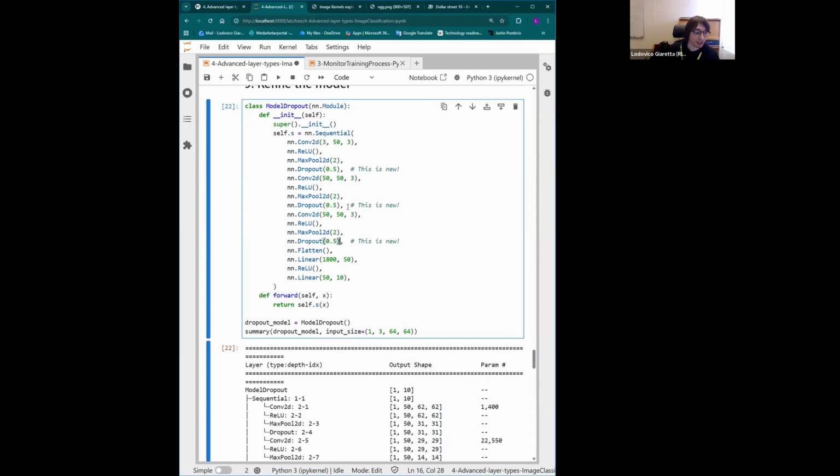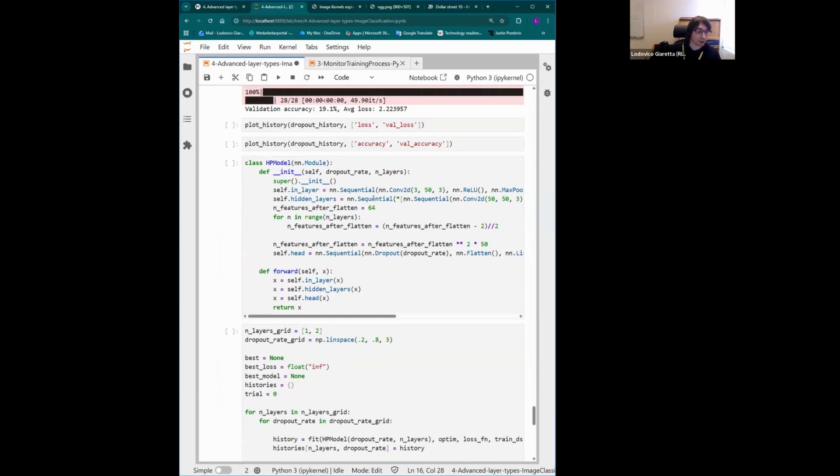How many epochs should I train it for? Or what optimizer and loss function should I use? These are model hyperparameters. And it's very hard to answer these questions in general. It depends a lot on what model you are building. So what we often do is we don't just pick some values, but instead we actually try out different combinations of values.